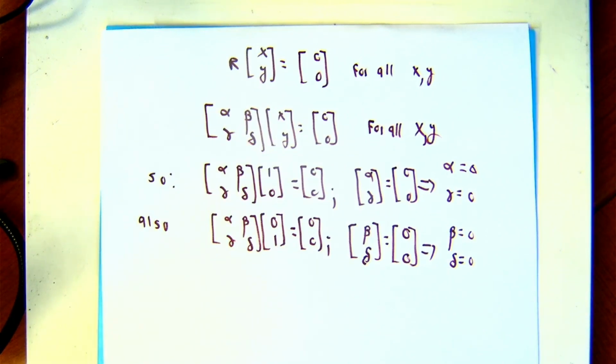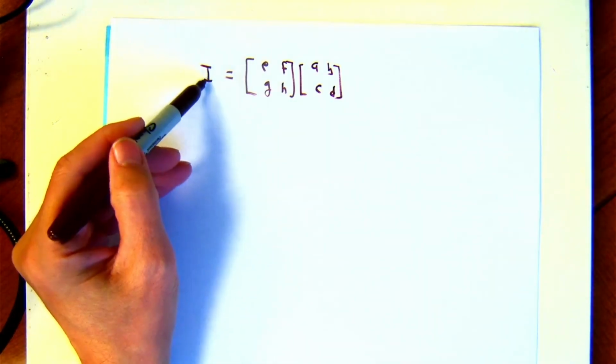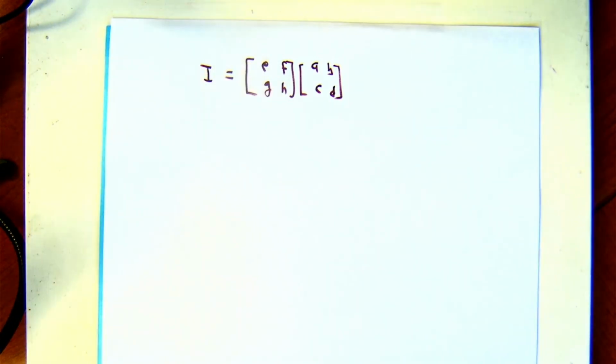R is the 2 by 2 0 matrix, just like we thought it ought to be. But R was the identity matrix minus that matrix. If that's 0, then I must equal EFGH times ABCD. That means that EFGH and ABCD are matrix inverses of each other.